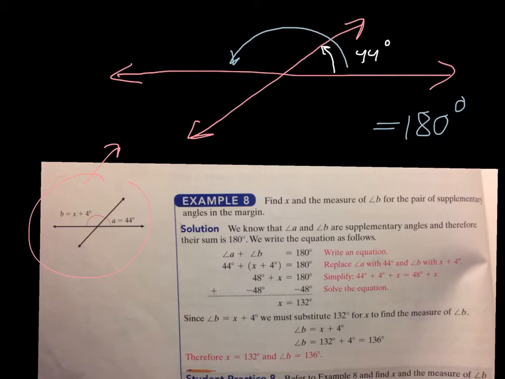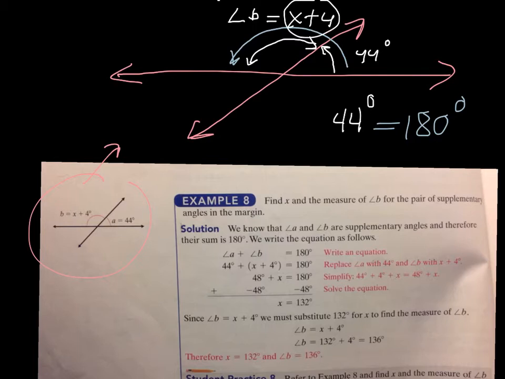So we know that angle A equals 44 degrees. What we don't know is what angle B equals. So what we don't know is from here to here. We don't know what that one is, right? But what do we know about it? We know that that angle, which is angle B, this one right here, does equal x plus 4.